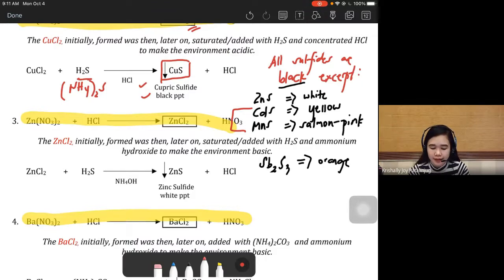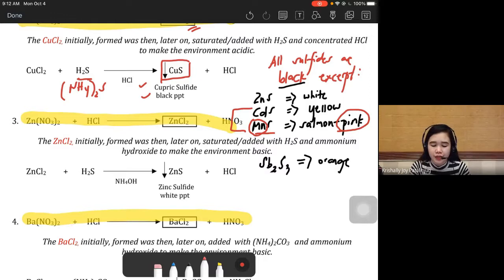And then for manganese sulfide, there is a saying na sabi, real man wears pink. Real men, M-man for Mn, for manganese. So real men wears pink, so manganese sulfide is color pink. That is just a mnemonics for you to easily recall what is the color of these sulfides.